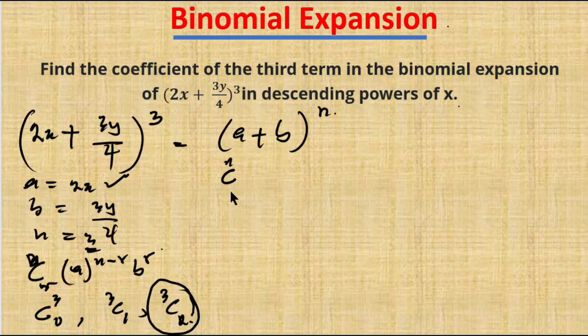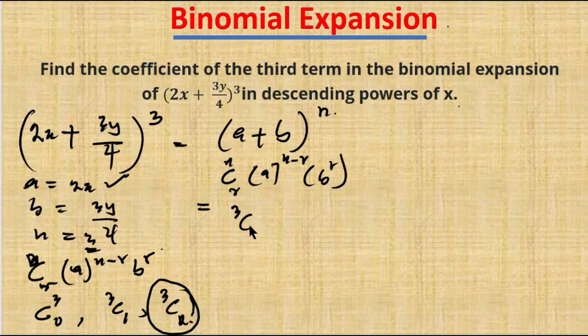my n combination r into a raised to power n minus r into b raised to the power of r will be the same thing as 3 combination 2 into my a, now 2x, raised to the power of n minus r.